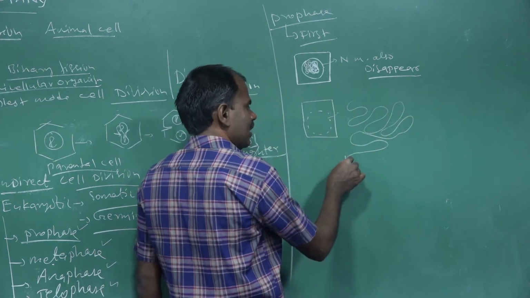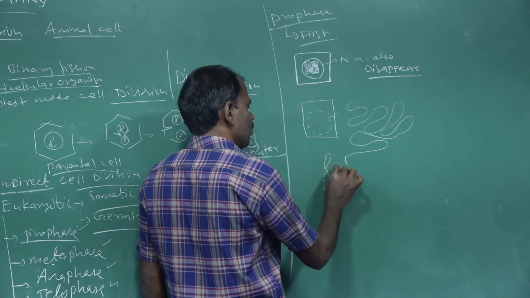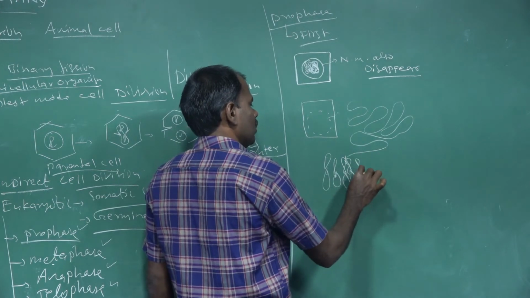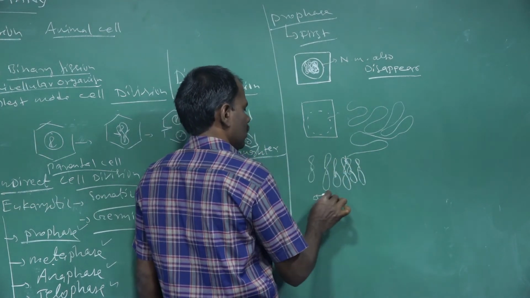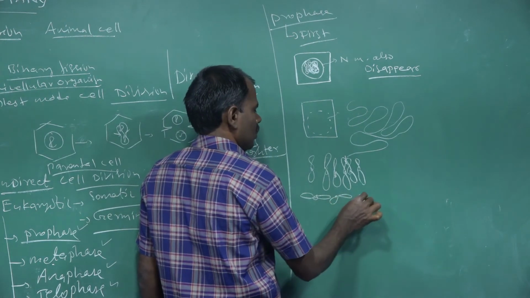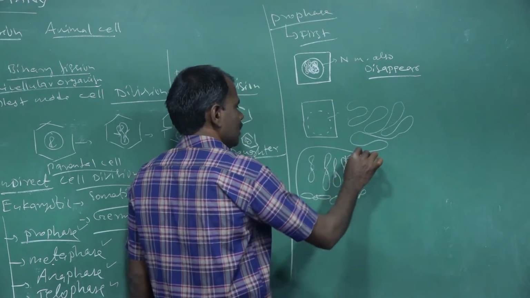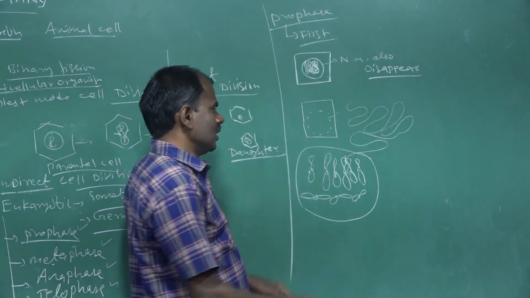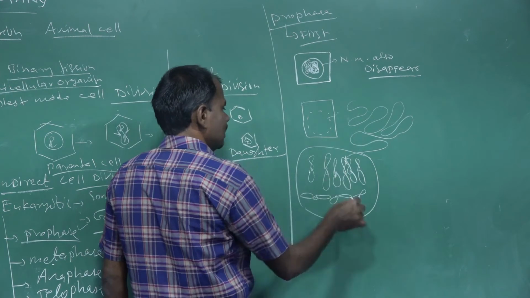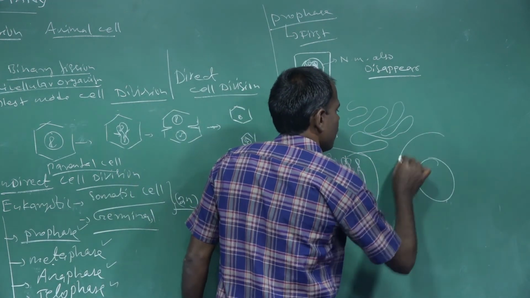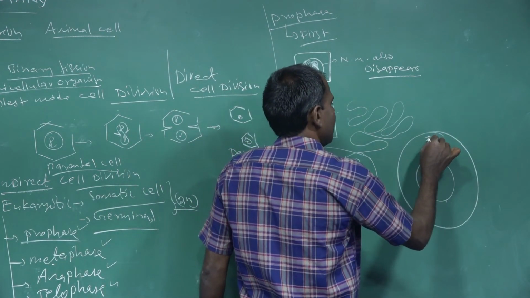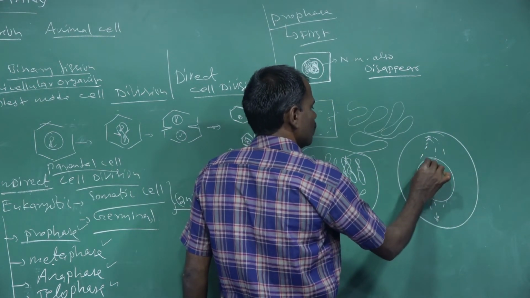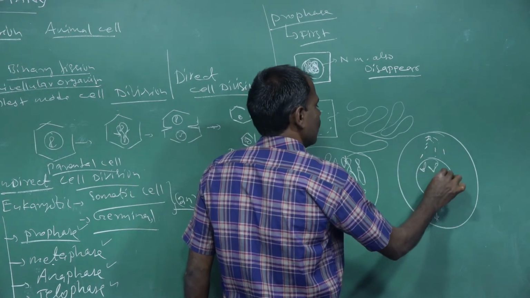These thread-like structures form the chromosomes. Chromosomes are formed in the prophase. The spindle fibers are seen from these regions. The chromosomes may be attached to the spindle fibers.